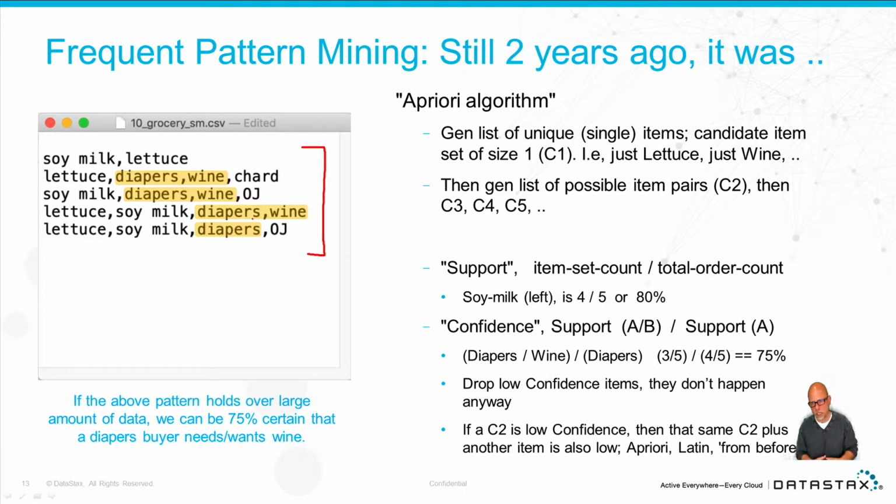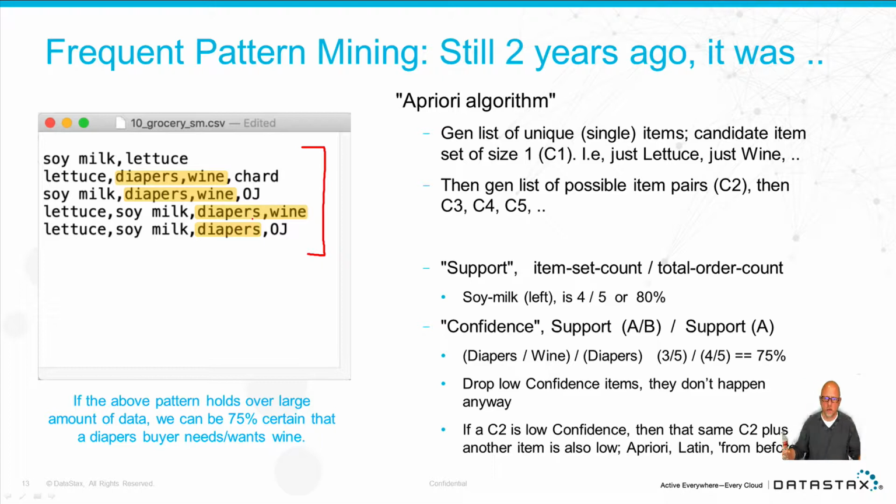It's the middle 3 cases. But diapers has happened in 4 of the 5 cases. Thus, the confidence I have in diapers, wine is 75%. It's 3 divided by 5 divided by 4 divided by 5. And this is all based on math, more math than just division.